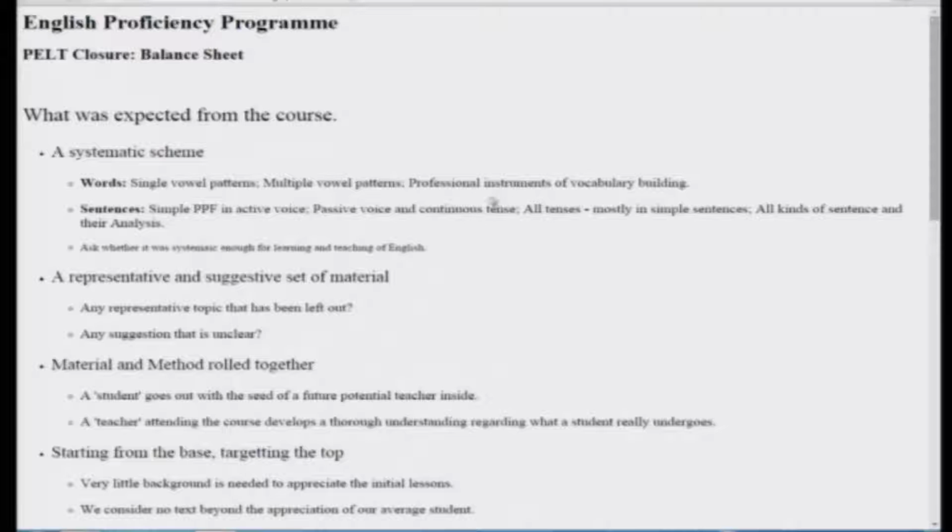Okay? In the segment of sentences, in quarter 1, we covered simple past, present, future in active voice, and we stayed limited to that. In quarter 2, we extended the study to passive voice and continuous tense. In quarter 3, we completed all tenses, but stayed mostly in simple sentences with just a little foray into compound sentences.